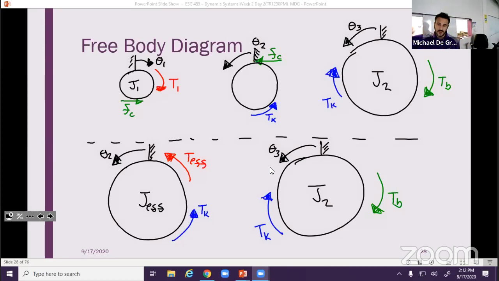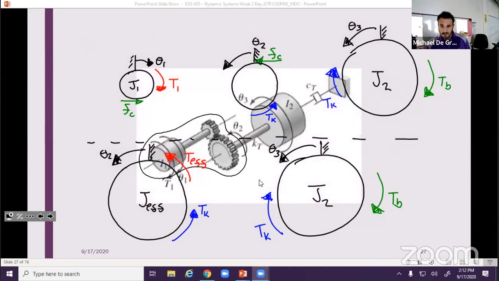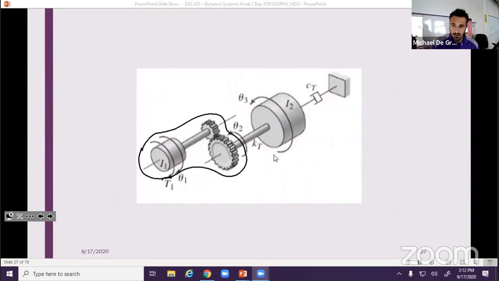But the reason we want to cut there is, using the gear ratio, I can replace this entire front portion with an equivalent system that has some effective inertia. We'll talk about how to find that effective inertia in a minute.